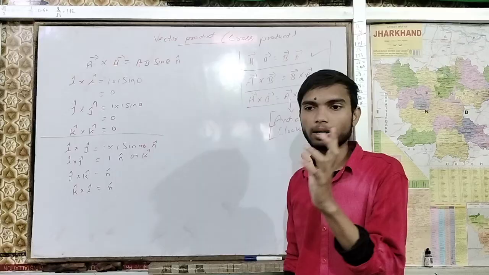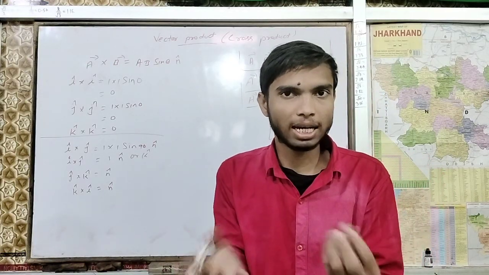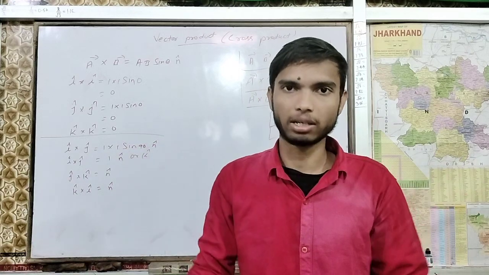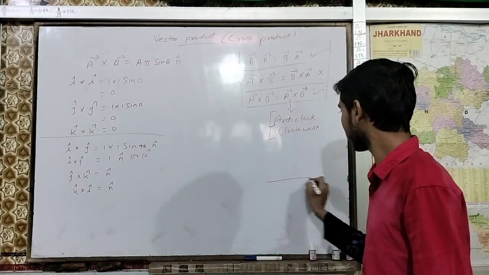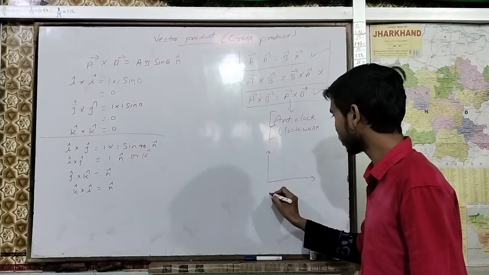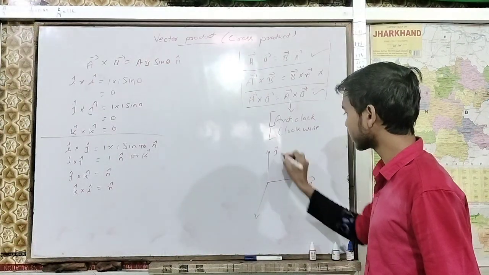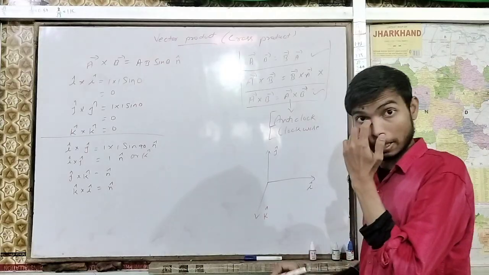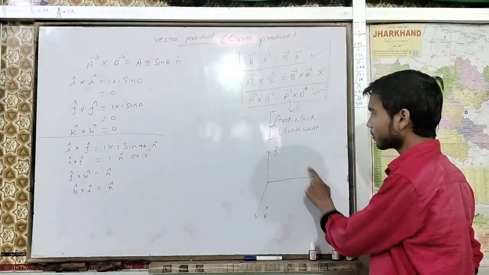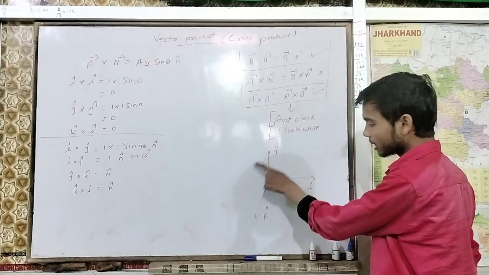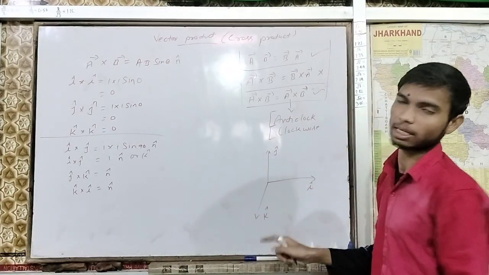So that's where the sign is important to apply. If you ignore this sign, of course you will have error. So we are moving how? There are three components: first i cap, then j cap, and the result is coming k cap. So we are rotating like that, in the anti-clockwise direction.